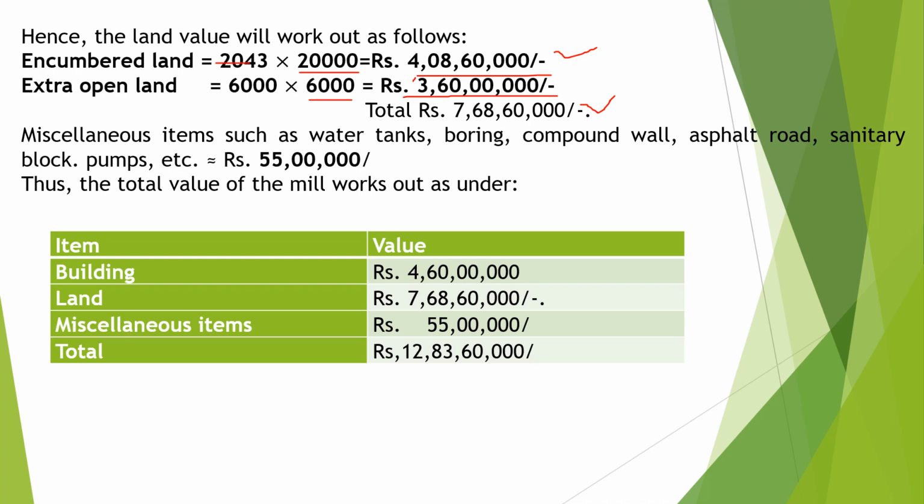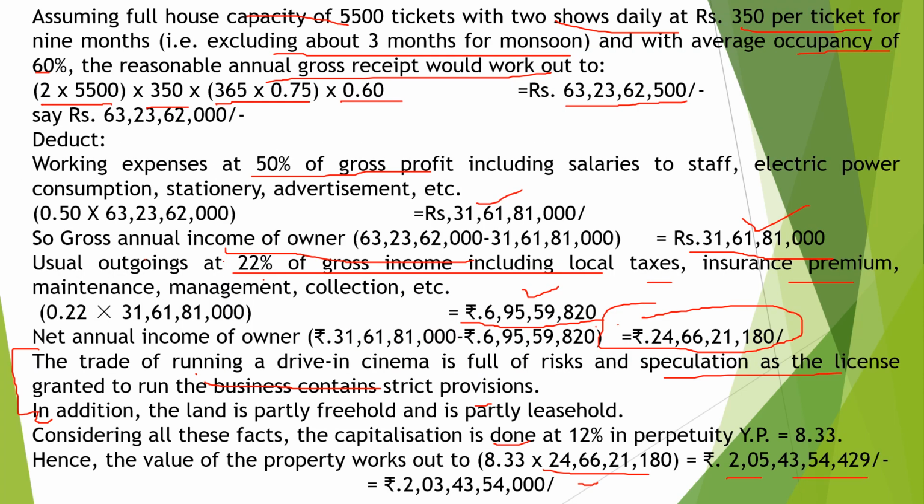Another thing given is a miscellaneous item valued at 55 lakh. So add all the values: value of the building 4 crore 60 lakh, value of the land 7 crore 68 lakh 60,000, and value of miscellaneous items 55 lakh. The total value comes out to be 12 crore 83 lakh 60,000. In this way you can find the value of this economically obsolete industrial unit.